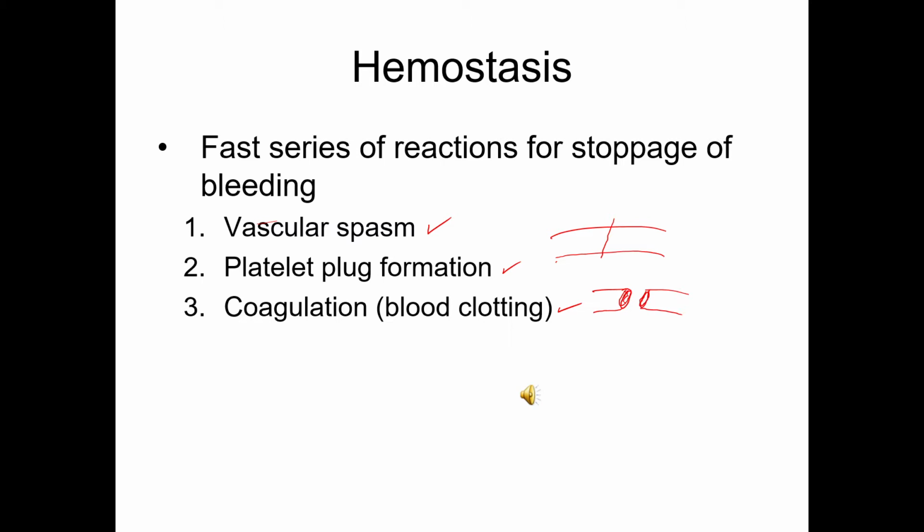So the size of the lumen will get smaller due to contraction of the smooth muscle in the wall. Okay, so that is what first happens. Then that is called the vascular spasm. It is like, the lumen size will get smaller.